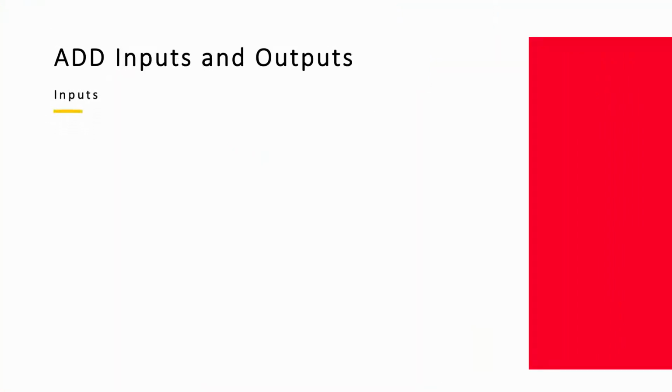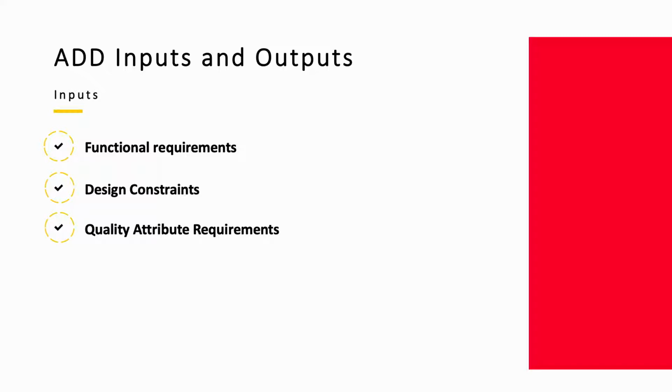But let's go into, I think we already all have a good understanding of functional requirements, but I'll cover that, as well as design constraints and quality attribute requirements. But I'll go over some of them that we have and we use.